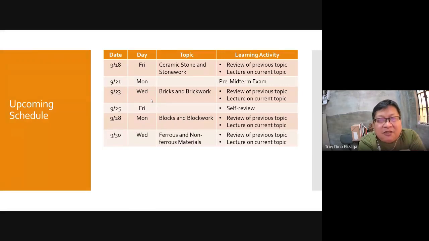Then after that, this is what I mentioned to you. We'll talk about brick and brickwork, then blocks and blockwork. It's my first time to actually hear about blockwork, but this syllabus was given to me. So my guess is that blocks and blockworks are the masonry units, which are aside from bricks.